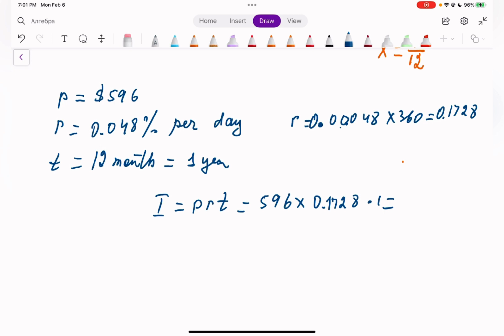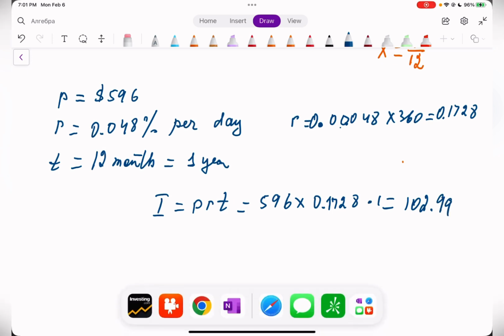There is no way to clean all this. Okay, 596 times 0.1728, and I'm getting 102 point, if I round it, 99. $102.99.